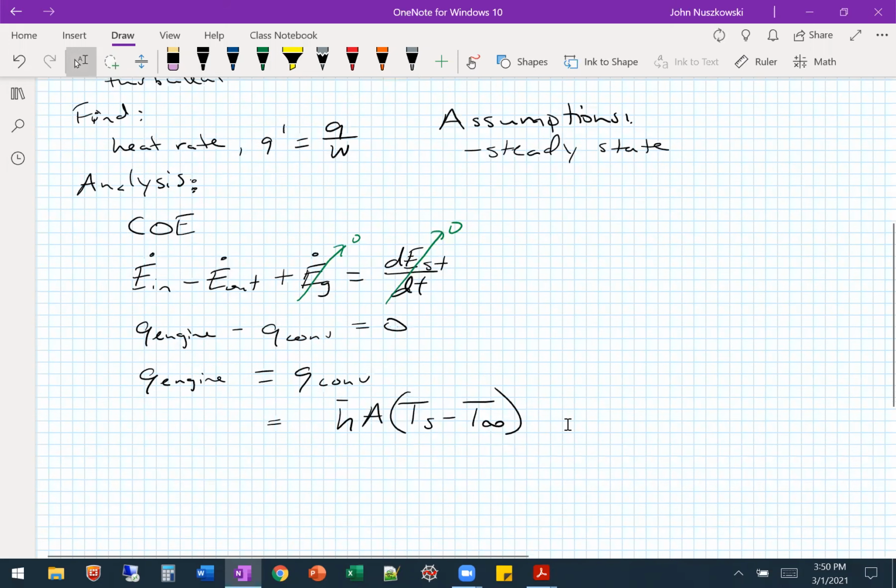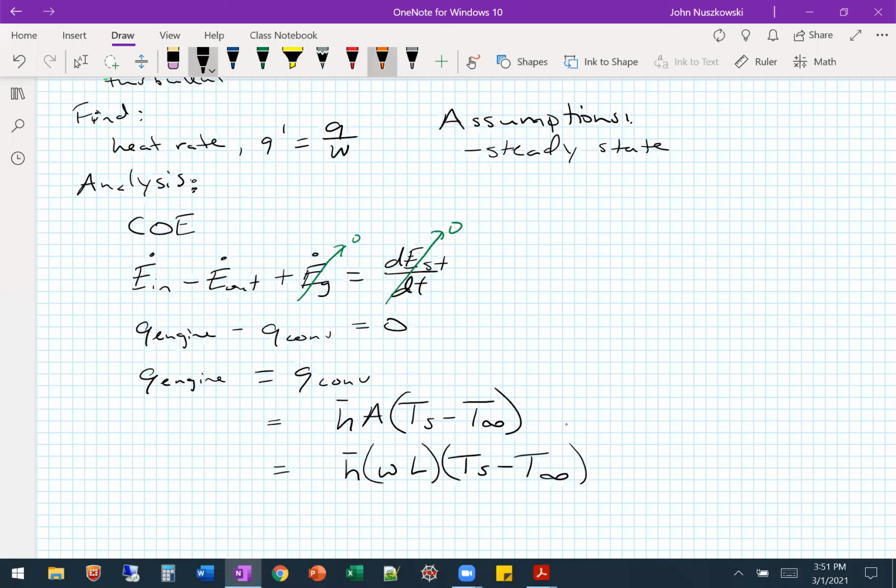So it's h bar because we're looking at the average, because we're looking at it overall over this whole fin, not a single point. And so we know we're going to have to get that, because that wasn't given. Surface area, we have some width times some length. We have surface minus, okay. So we're given this, we have length given.